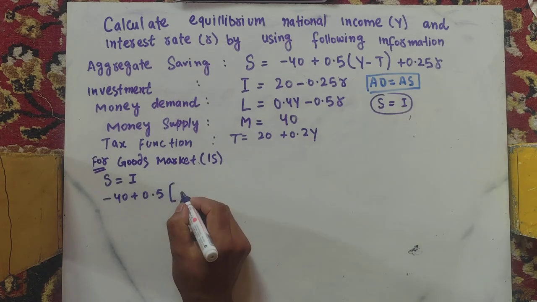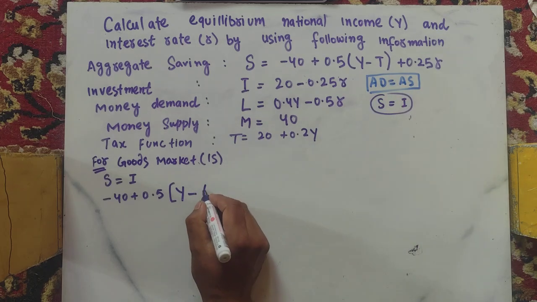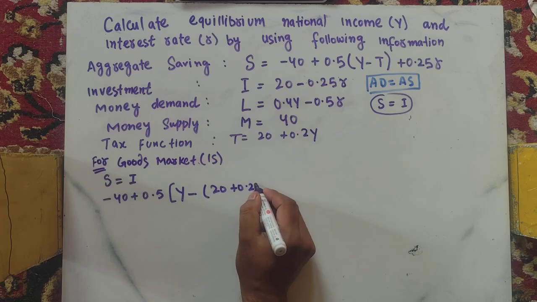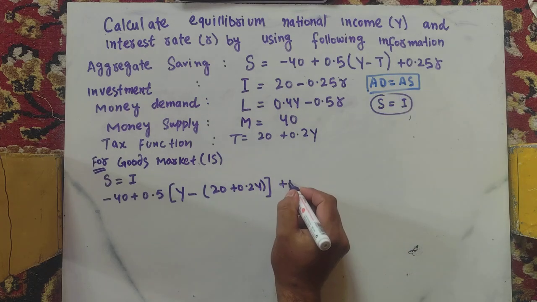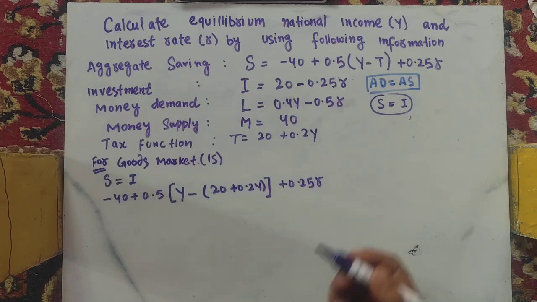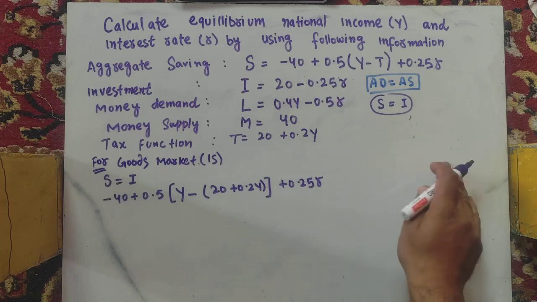Tax is a function of income, so in place of t I write 20 plus 0.2 y. Then we have 0.25 r, and it should be equal to the investment. I will not write it here because of the space.